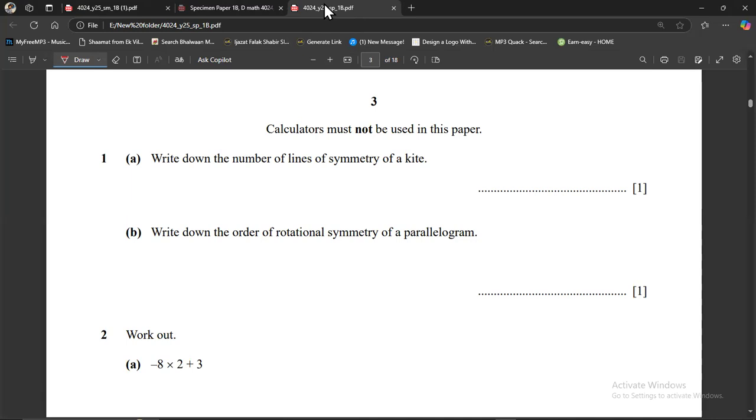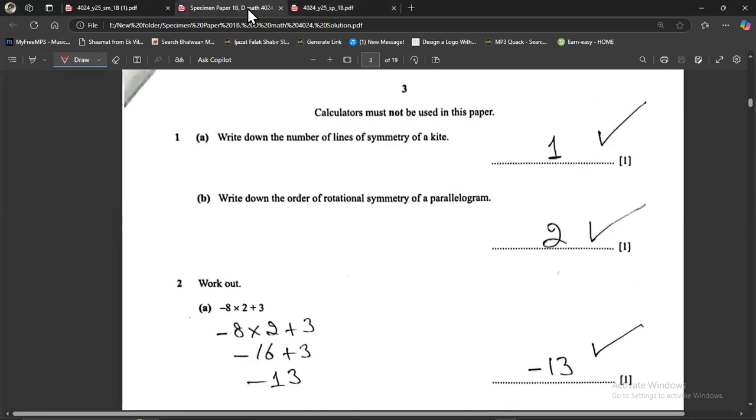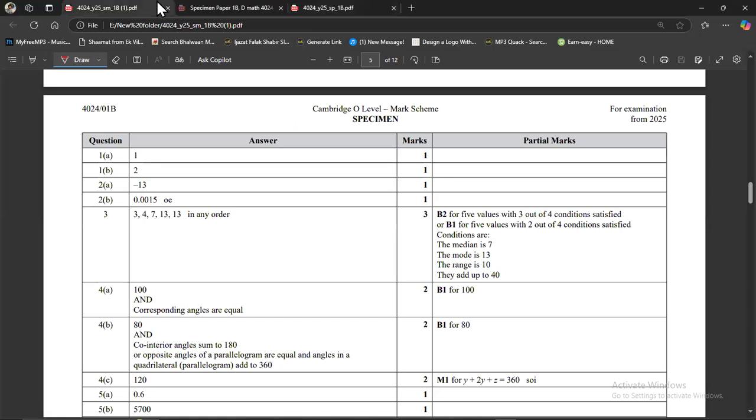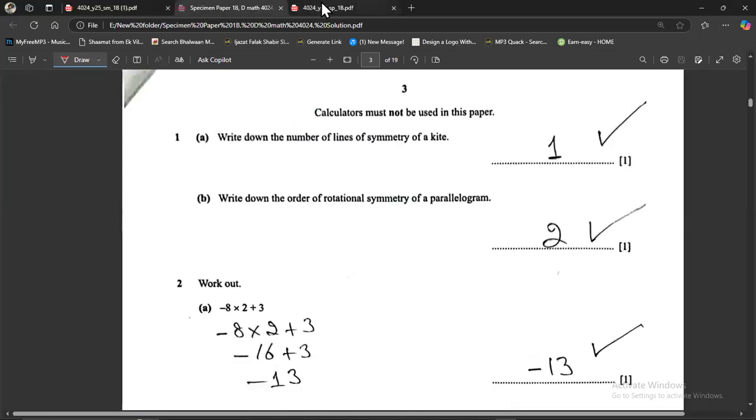That number is the order of rotational symmetry. If you do this with the parallelogram, it will fit 2 times on its original outline. So the order of rotational symmetry of the parallelogram is 2.